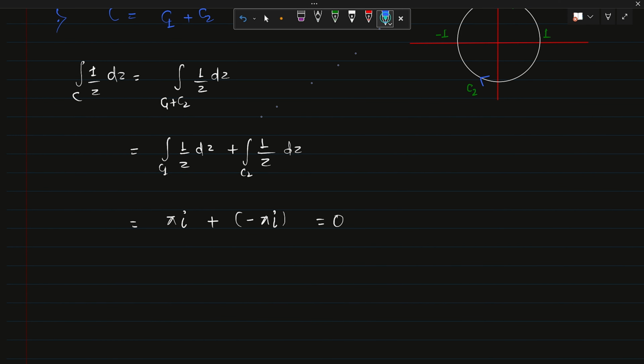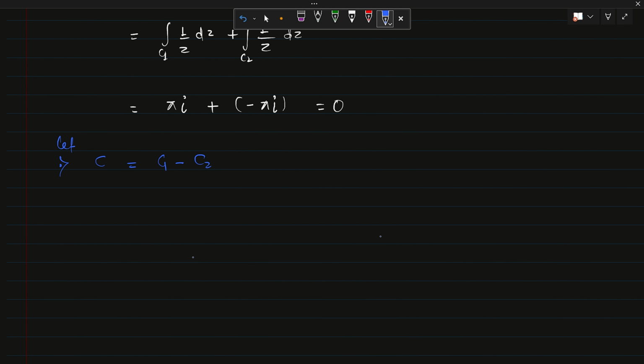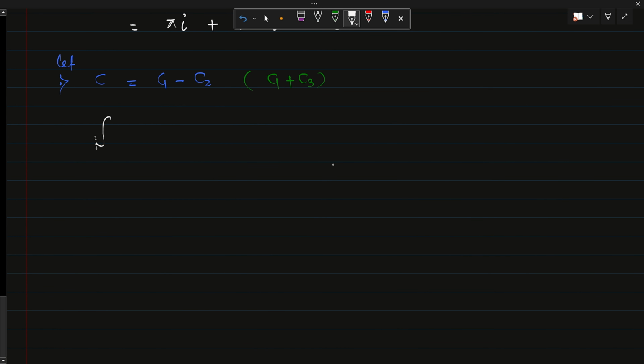Now let us identify the another value. Let the curve C be equal to C1 minus C2. Okay, so if we choose the negation of this C2 curve, or you can write C1 plus C3, both are the same things. So this integral will give us the integration along this curve C of the function 1 by z dz, that is equal to integration along C1 minus C2 of 1 by z dz, right?